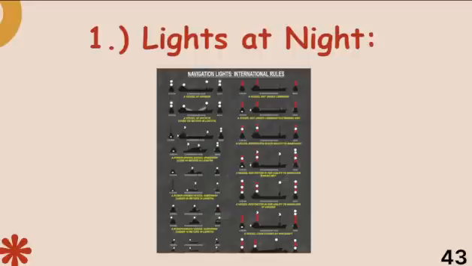As you can see, lights at night, a ship's navigation lights, red, green, and white, tell other vessels which way it is headed. Again, lights at night tell other vessels which way it is headed.